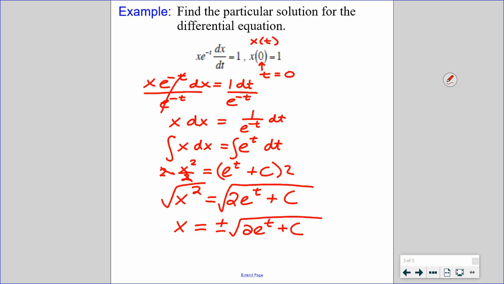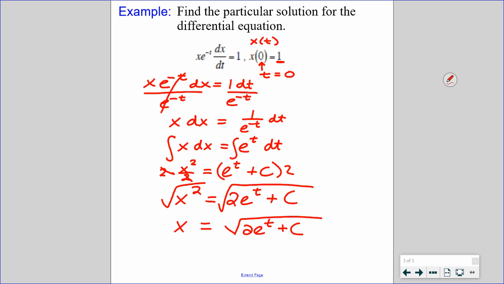But based on our initial condition, since x of 0 equals a positive 1, we know that we need to end up with a positive value, meaning that we're going to use the positive square root. If our initial condition had been x of 0 equals negative 1, then I would have kept the negative square root.